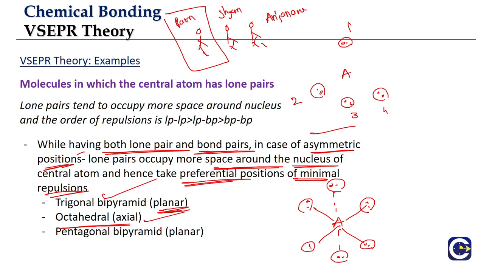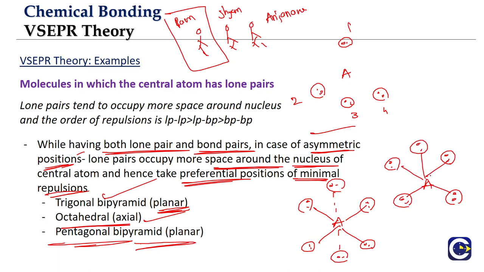We need to see the difference. Trigonal bipyramidal, what is the preferential position? Planar position. Octahedral, what is the preferential position? Axial. When it comes to pentagonal bipyramidal, you'll have a plane which contains 5 positions.